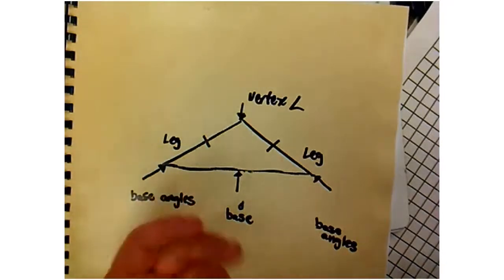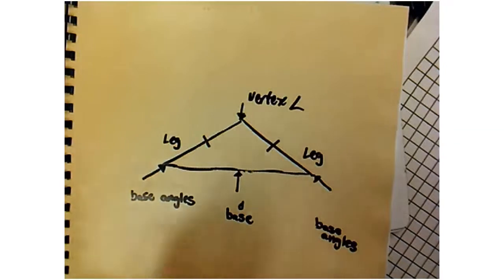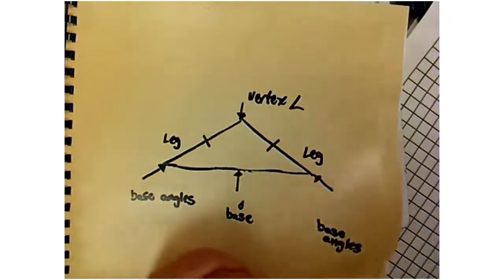You might be told in a story problem that you have an isosceles triangle with legs that are 10 inches and a base that is 12 inches, and you need to determine the angle of the vertex. You would not have a drawing, so you would have to make it out based upon its words. All right, let's go do some practice.